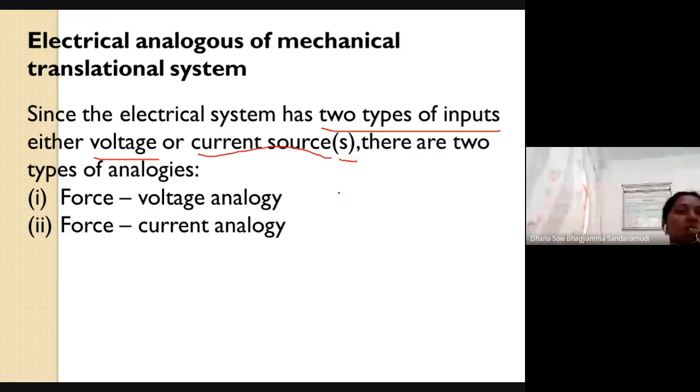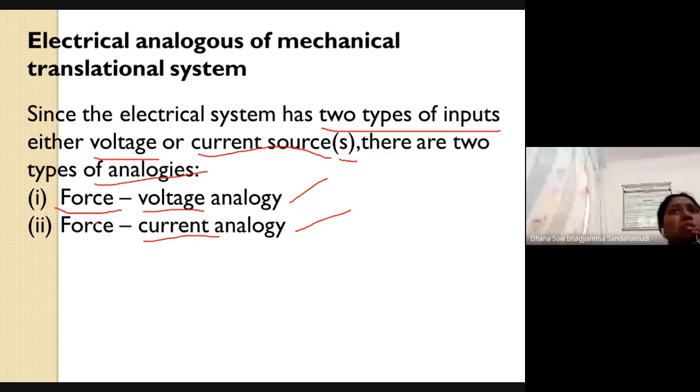So an electrical system can have more than one source, and the sources may be voltage sources or current sources. So there are two types of analogies that we have discussed: one is force voltage analogy and the other is force current analogy. Why? Because there are two types of sources.